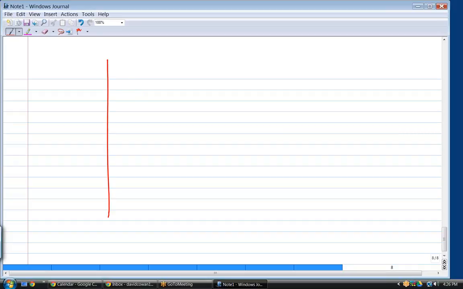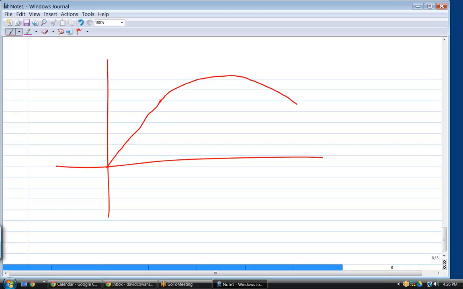Let me give you an example of why parametric equations are good. If I throw a ball at a 45-degree angle, it follows a parabolic path on an XY coordinate plane.